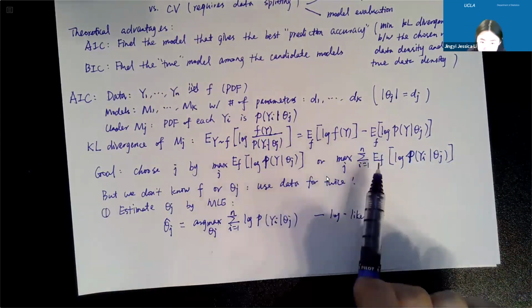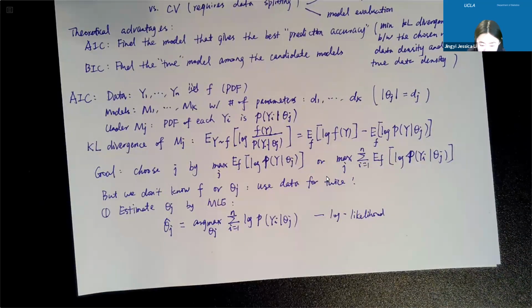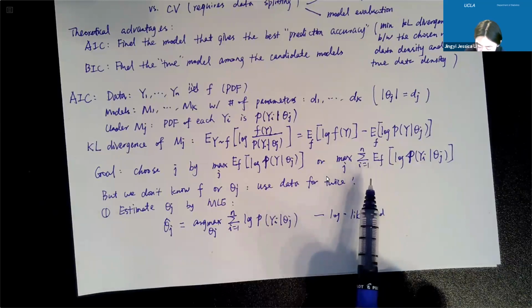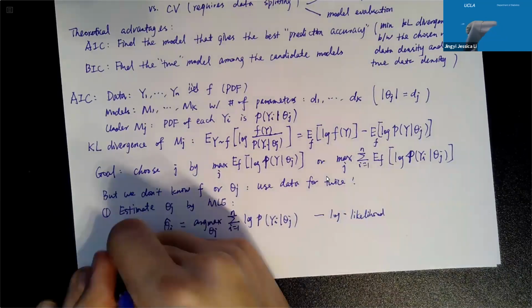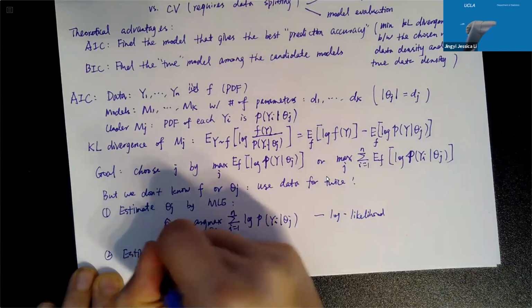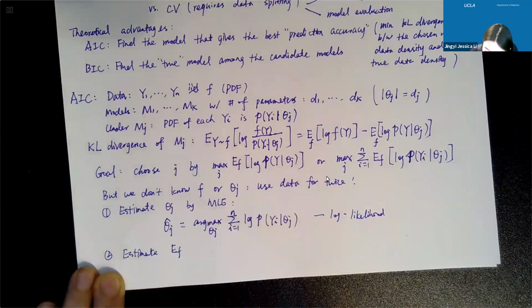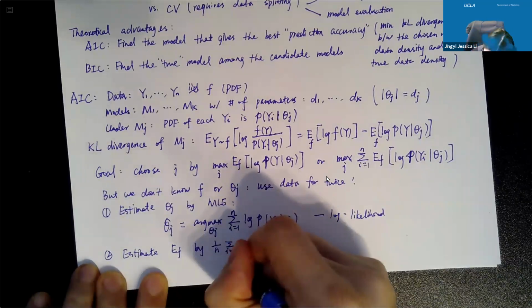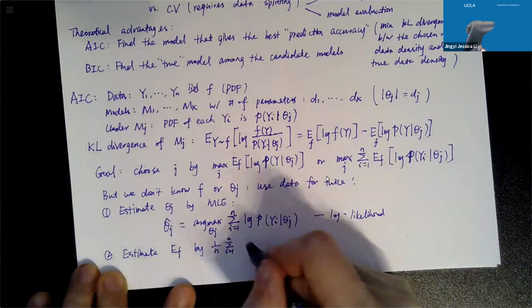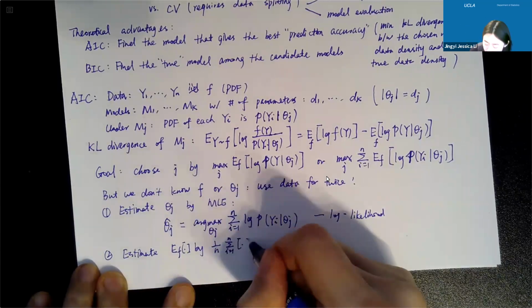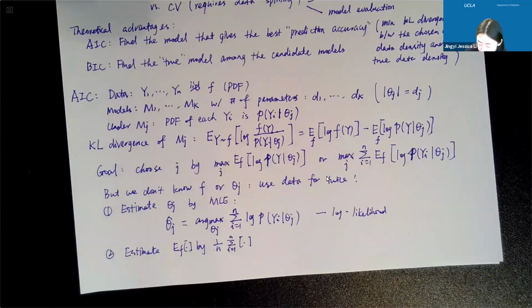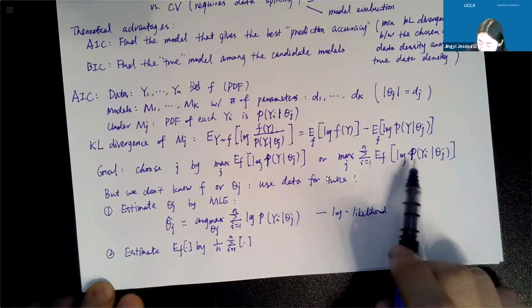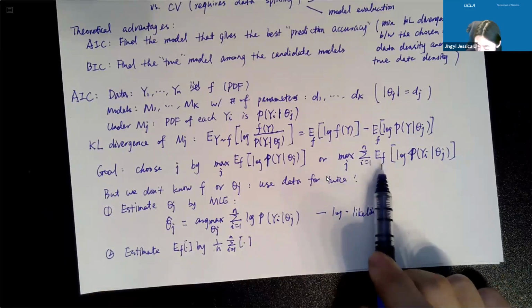And then how about the expectation of F? The most natural thing is to use the sample mean as an estimator for the expectation, right? So we estimate this expectation by the average over all the points. Essentially, we use the average instead of the expectation.